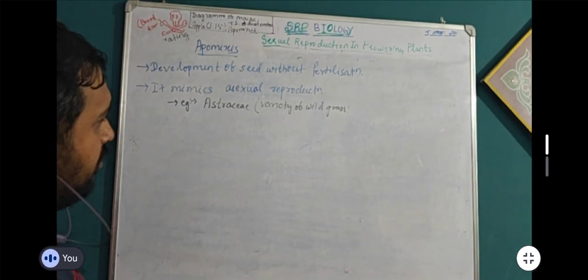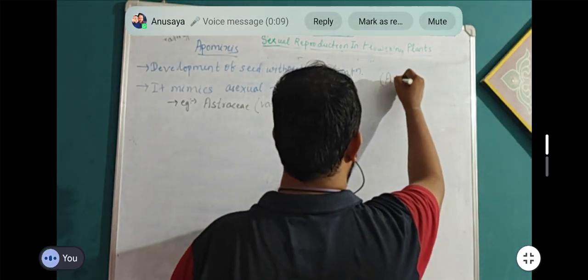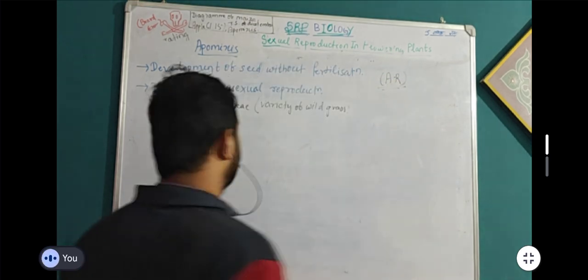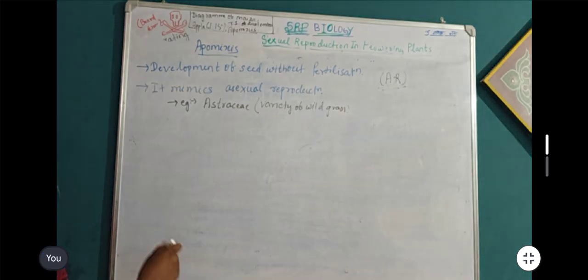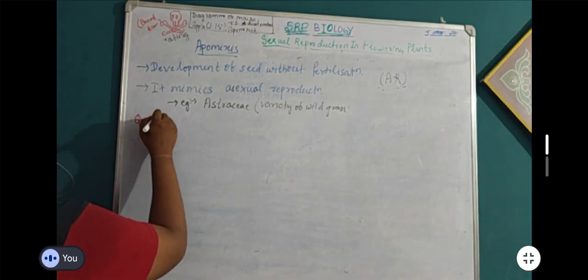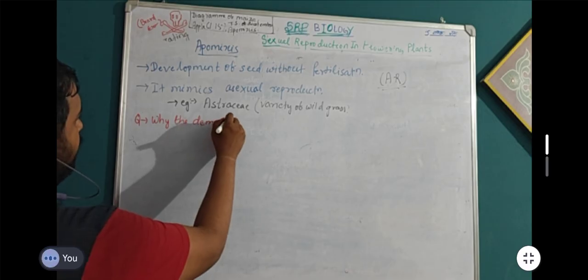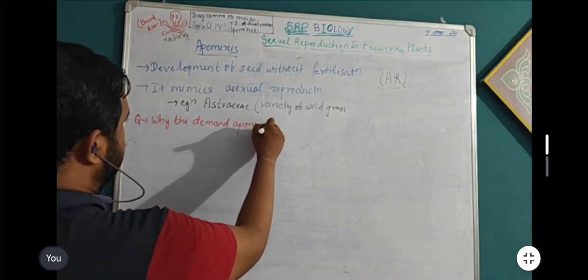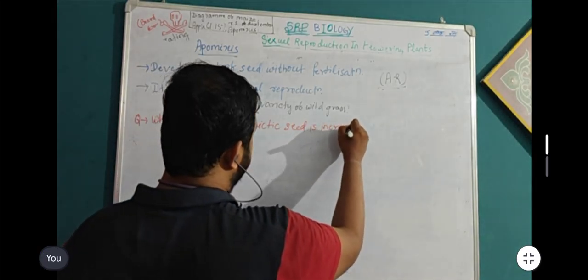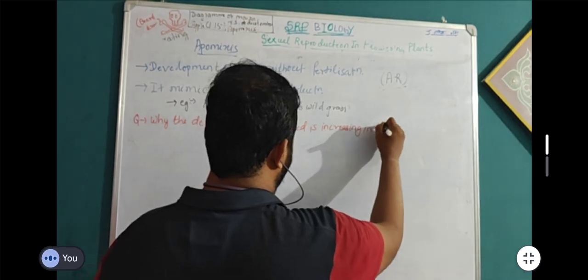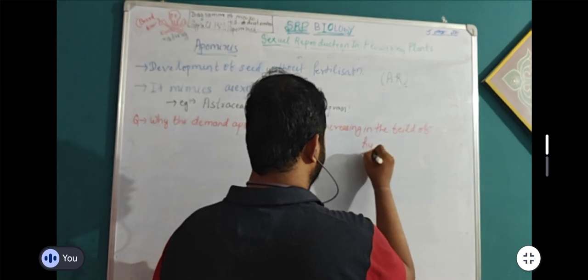So this is the definition, or you can get some assertion reasoning based question from this portion. AR question means assertion reasoning. But what is the important question I am talking about? The question is, why is the demand of apomictic seed increasing in the field of hybrid seed industries?